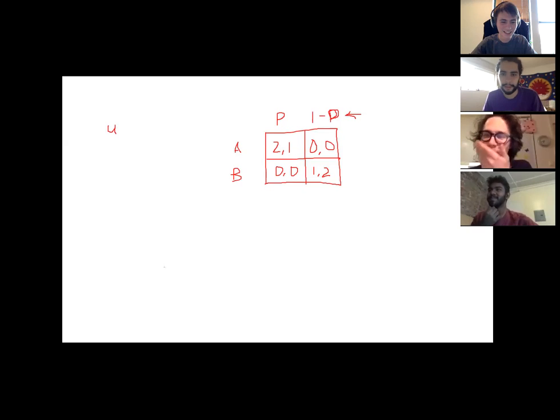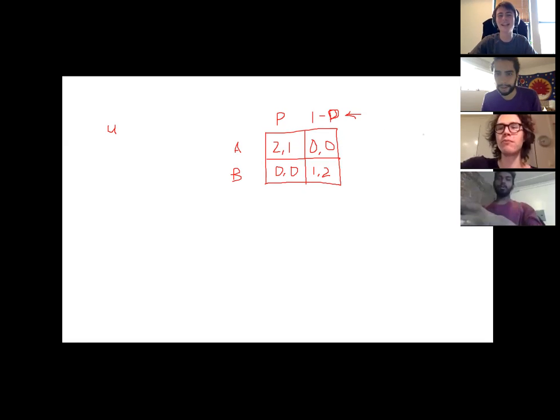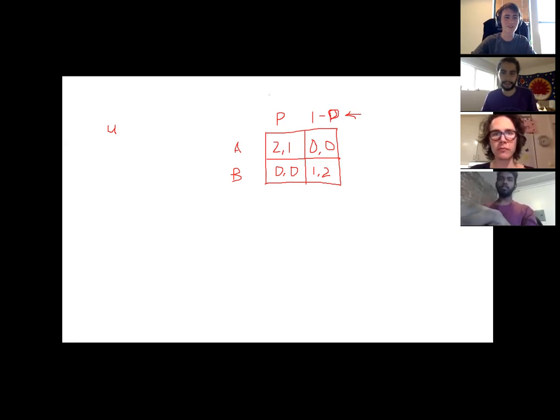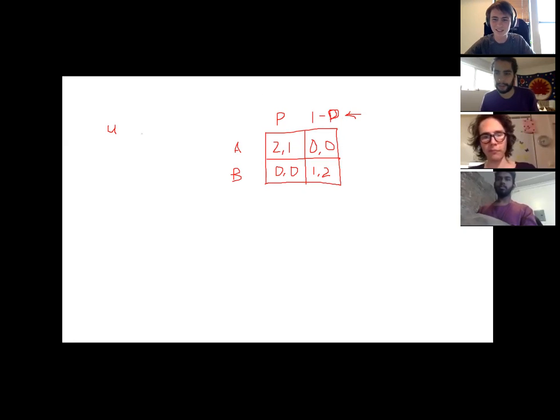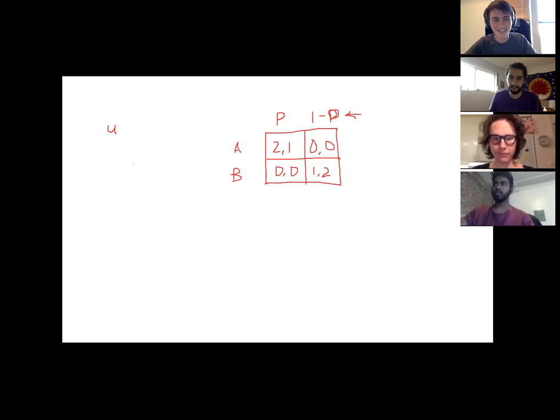Now it's slowly getting drawn. I think I'm lagging. My internet is so bad in my apartment, and it's really frustrating me. Now I see the P and the 1 minus P. I think I'm just lagging as hell. Okay, well, I'll just continue. Yeah, just carry on.